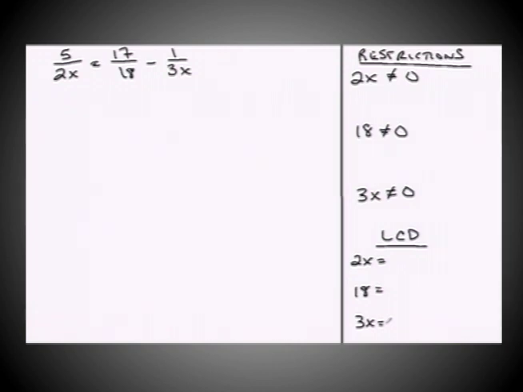All right, so we have a rational equation here, 5 over 2x equals 17 over 18 minus 3 over x. And the first thing that we need to do is figure out what we absolutely cannot plug in for x. So if you look over to the side here, I have the situation set up where I've taken each of my denominators and said these cannot equal 0.